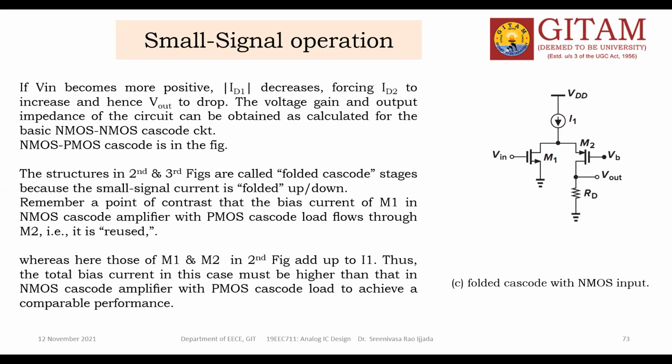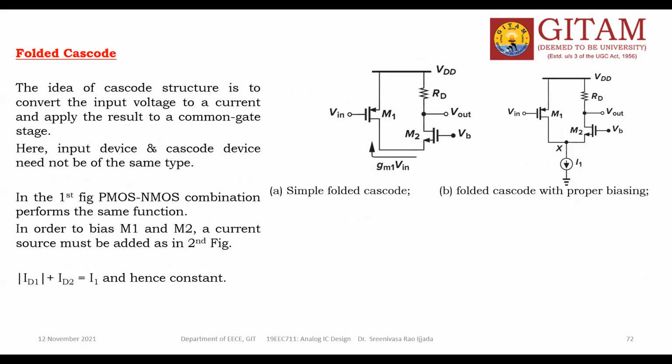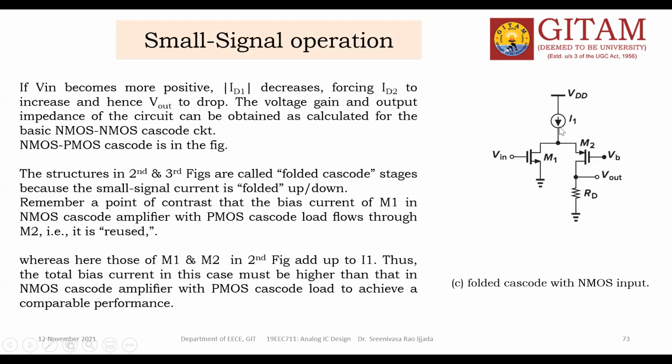Without biasing, the first picture does not work, so biasing is a must. Suppose for the second picture I applied biasing here, and for the third picture the biasing is applied here. Here I1 is split into two currents, ID1 and ID2, and I1 is the sum of the two currents.